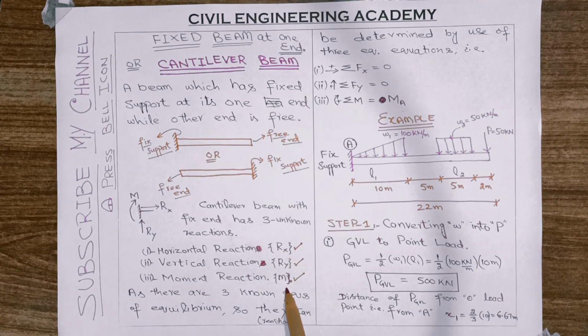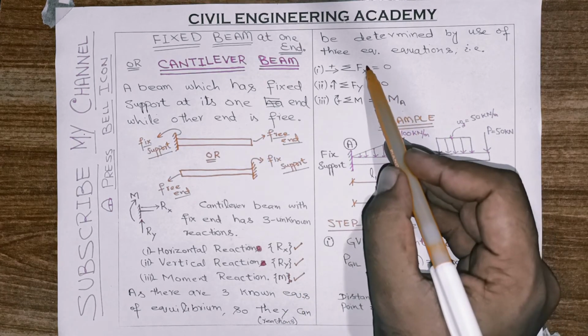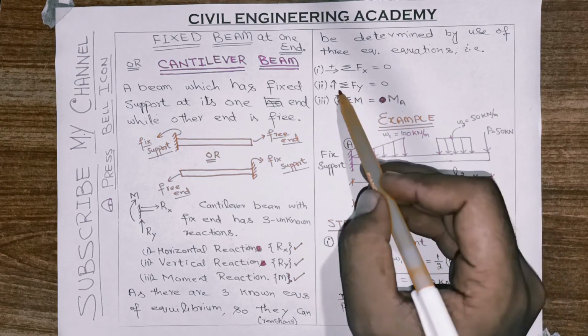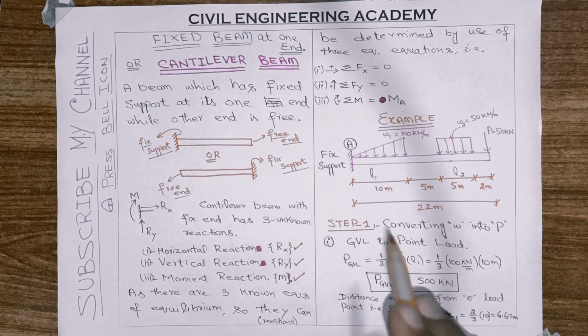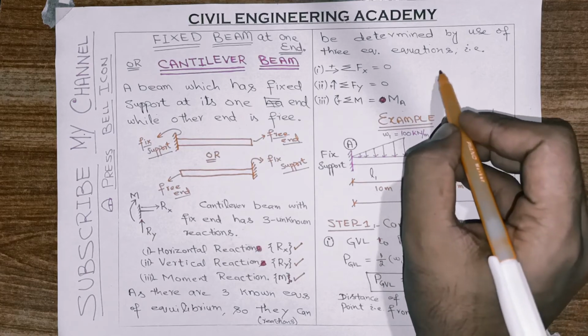Because we have three unknowns and we have three available equations of equilibrium, summation of forces along the x-axis is 0, summation of forces along the y-axis is 0, and the important change which we will see here is this.